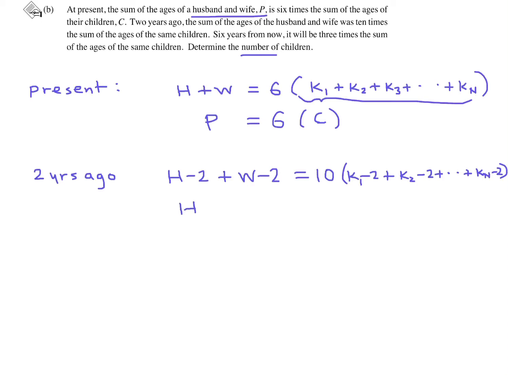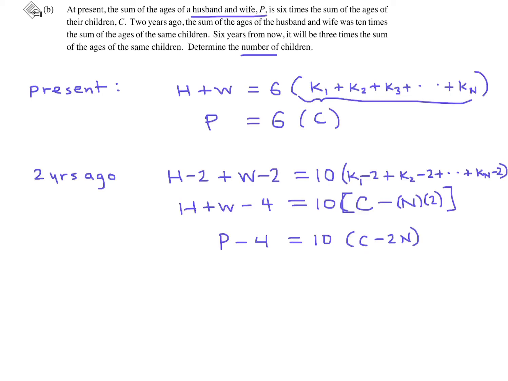So this becomes H plus W minus 4 is equal to 10. We've got the sum is K1, K2, so that's in there, so there will be a C in there. But then we have to account for all these minus 2's, and there's n of them. So n times 2, like that. Okay? And H plus W is P, so P minus 4 is equal to 10 times C minus 2n. This is our second scenario.